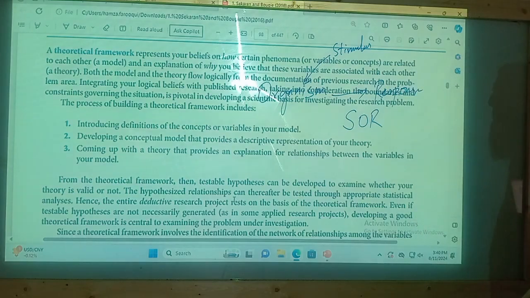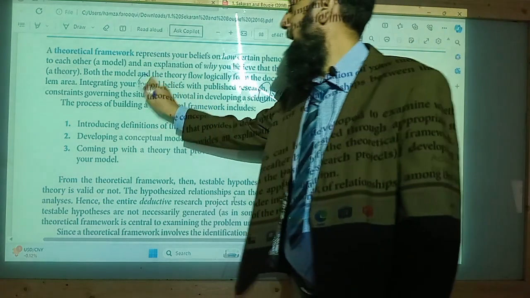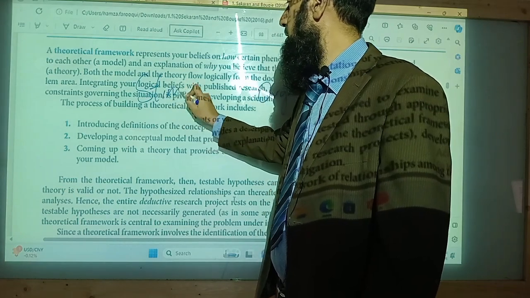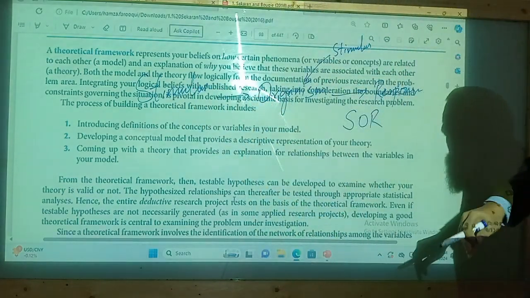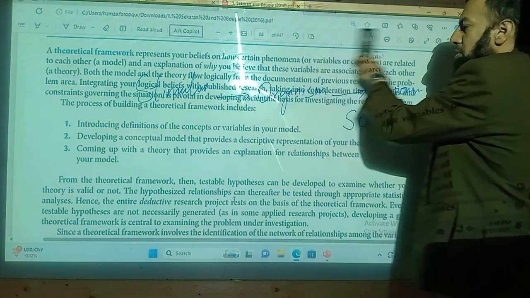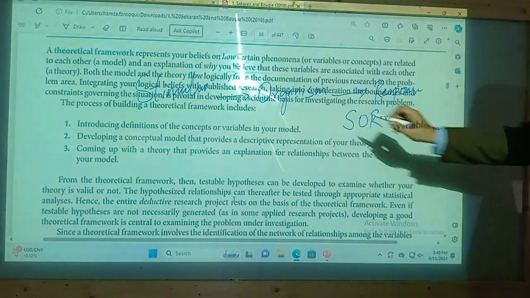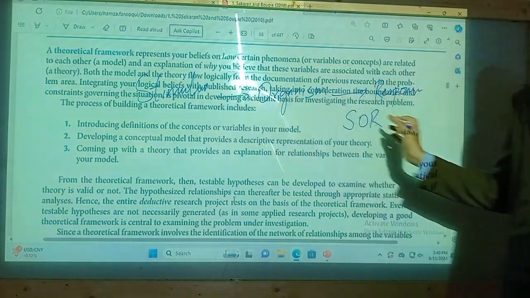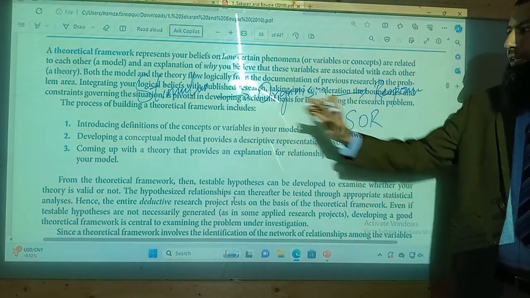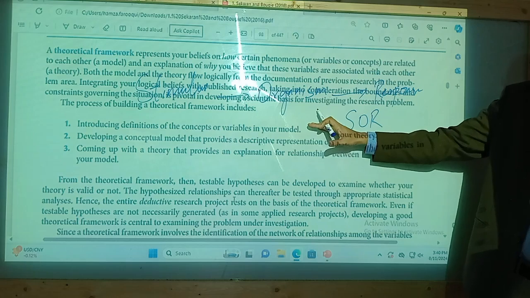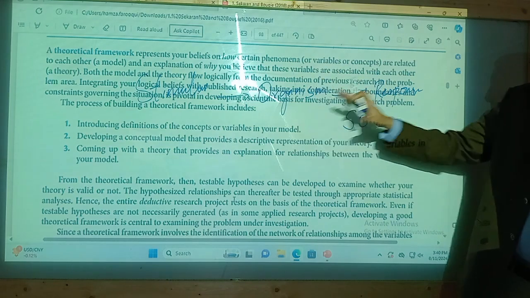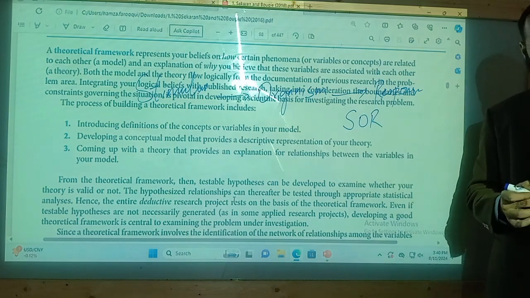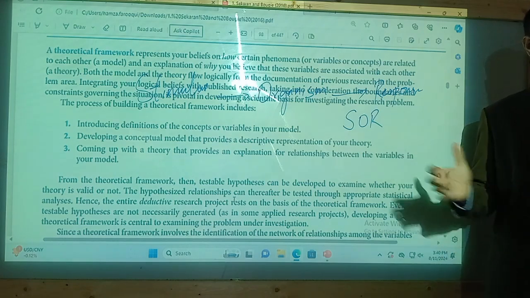You can also write it like this: stimulus, organism, and response. It is much easier. That is why it is called SOR. There is a stimulus to the organism, and when there is a stimulus with the organism, it leads to the response. So what does that mean?